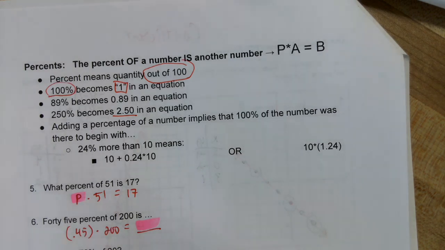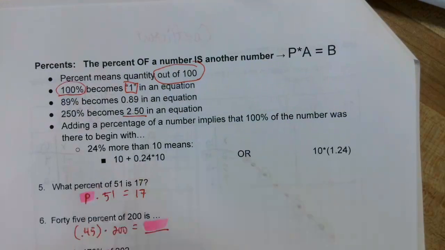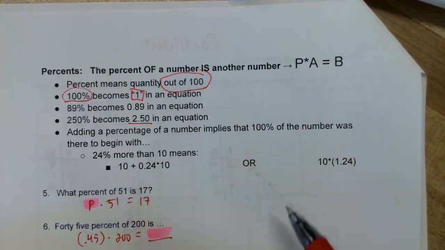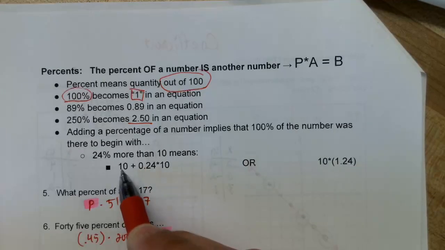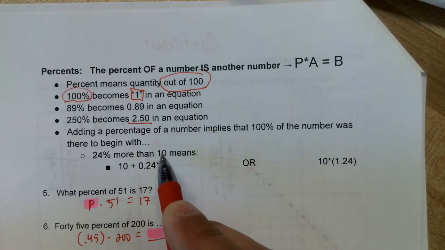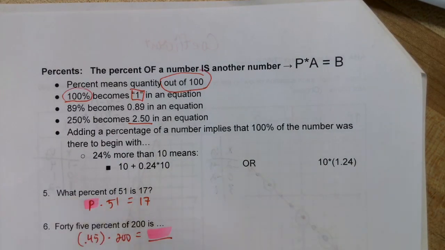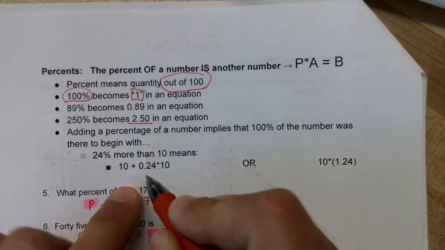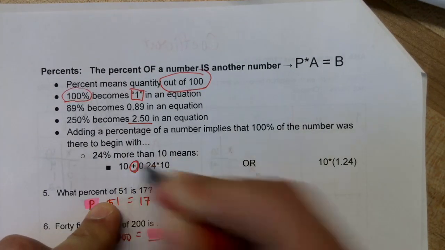So, if you think about what I've got here, if I add 24% to 10, so, maybe I had a class of 10 students and it grew by 24%. I would add 24% of 10. So you can see there's the add.